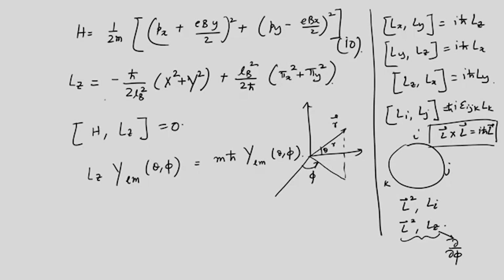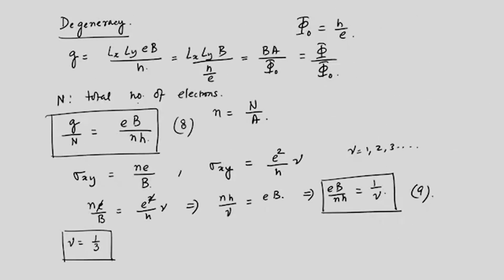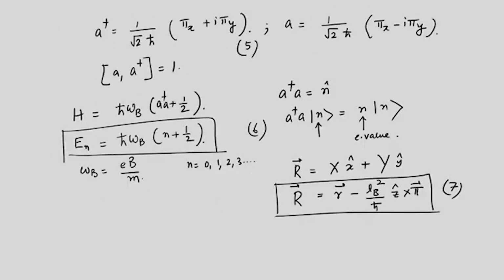So, Lz, if you put in the relationship that we have talked about, let us call this equation 11, and look at the definition of A and A dagger that we have written down in equation 5.